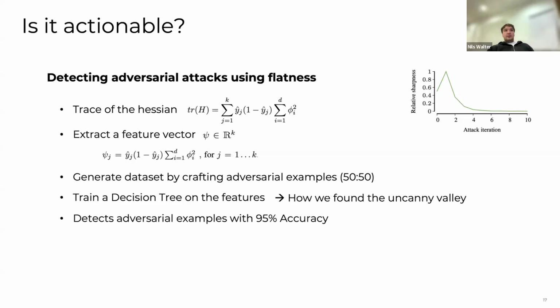And let's say in terms of storytelling, this is a bit nicer to tell it like this, but initially we really started by exploring in a more analytic style how this flatness looks. But the long story short is that with this approach, you can detect adversarial examples with 95% accuracy.